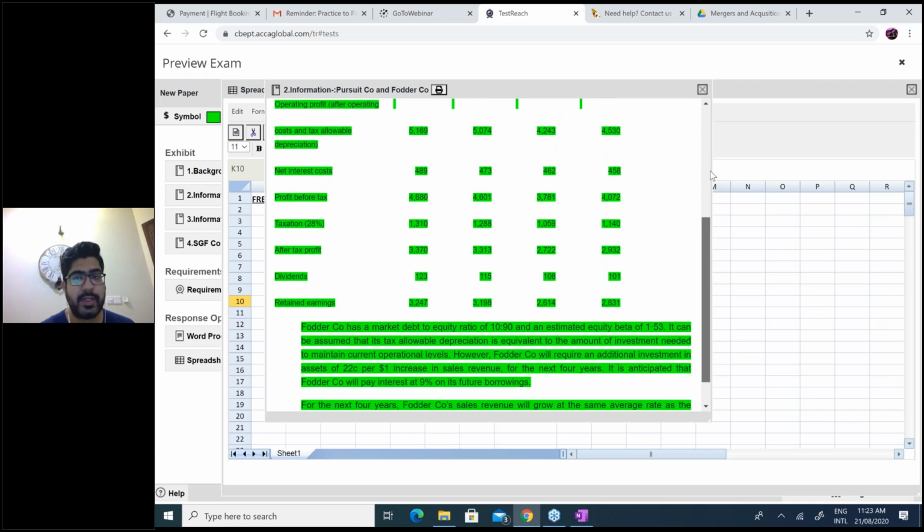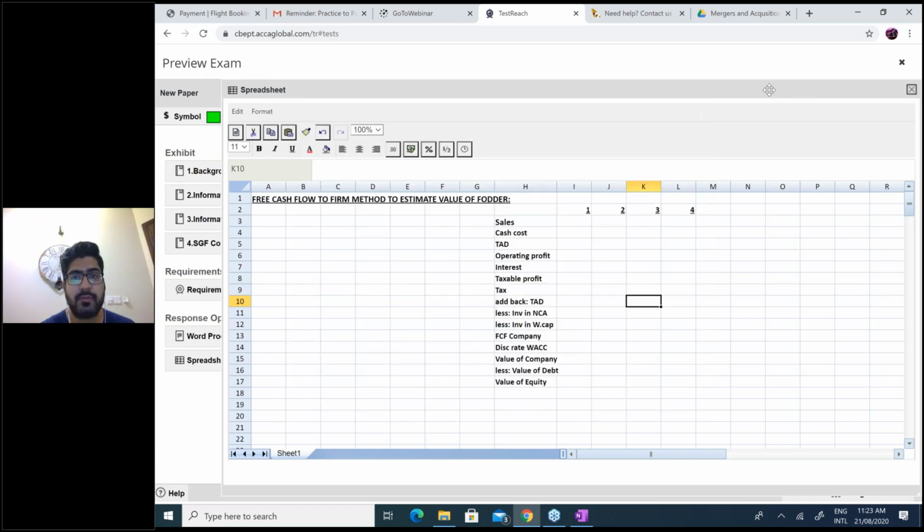It's 16146, right? Last revenue is 16146. For the next 4 years, it will increase by 6% per year. So increase this 16146 by 6%, 1.06.